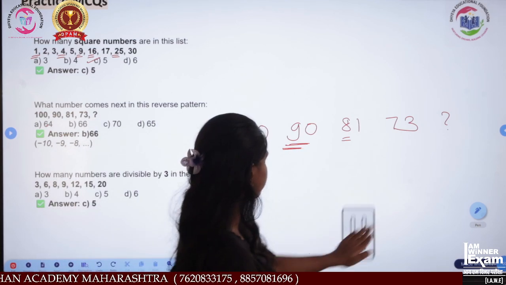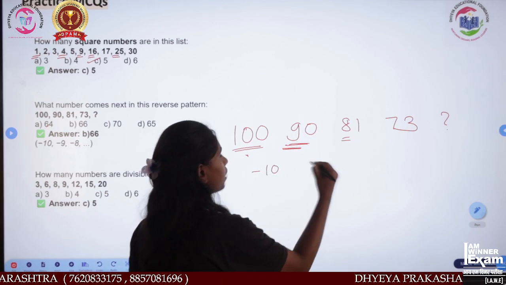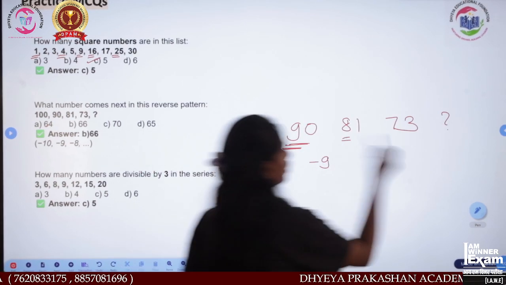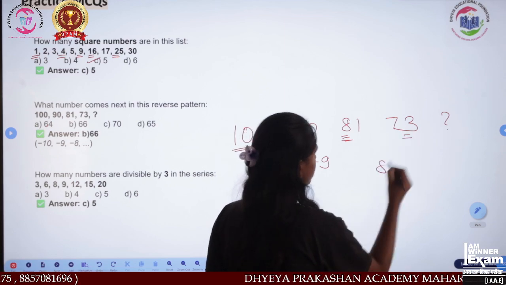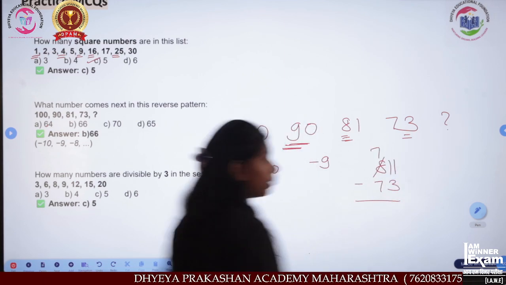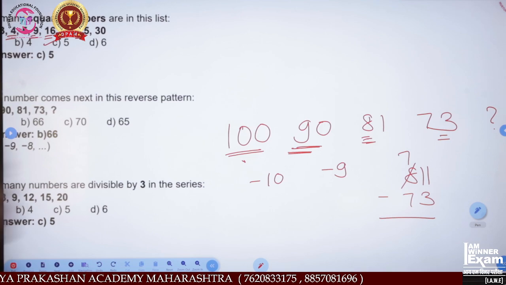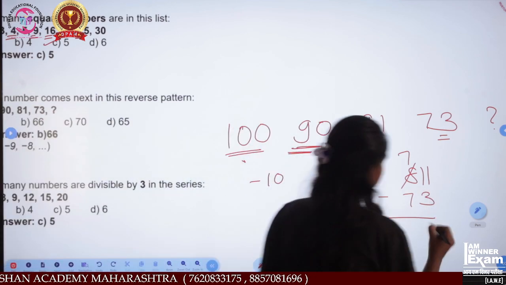Means here they minus 10 and here they minus 9. Let's check between these two numbers, that is 81 minus 73. So 11 minus 3. What is the 11 minus 3? That is the 8.